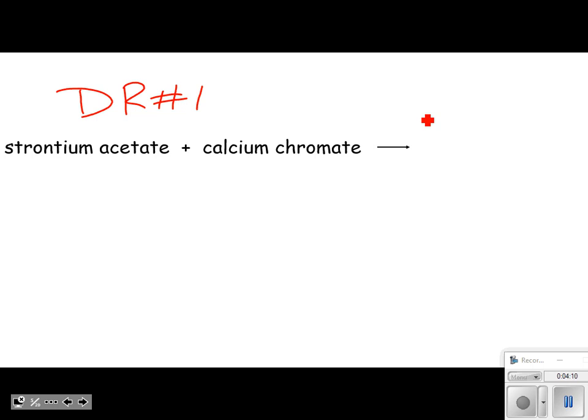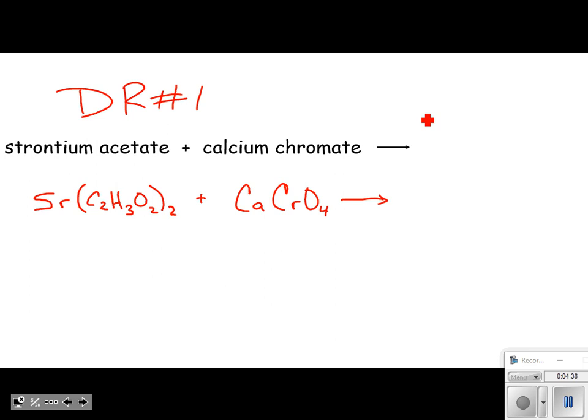So how am I going to start? I'm going to write the formulas for my reactants. Strontium acetate: strontium is a 2+, acetate is a 1-. Plus calcium chromate: calcium is a 2+, chromate is a 2-.